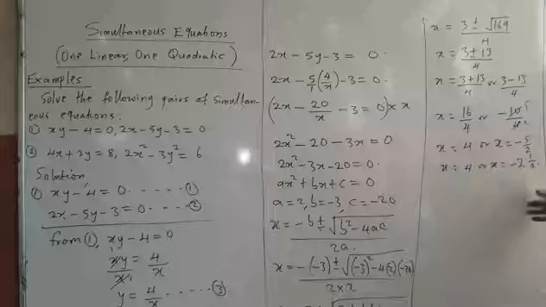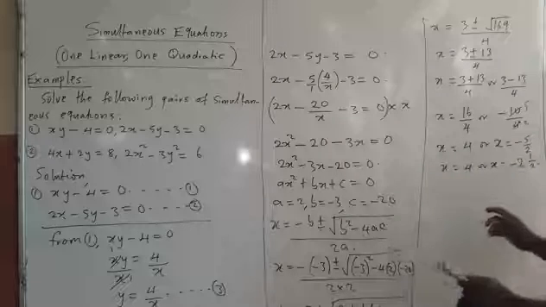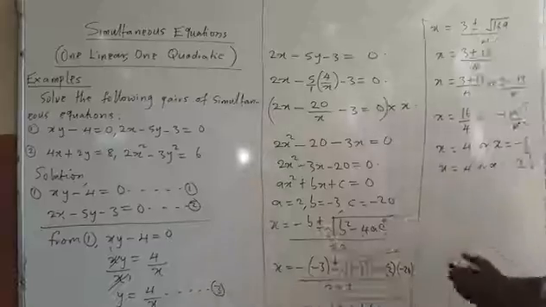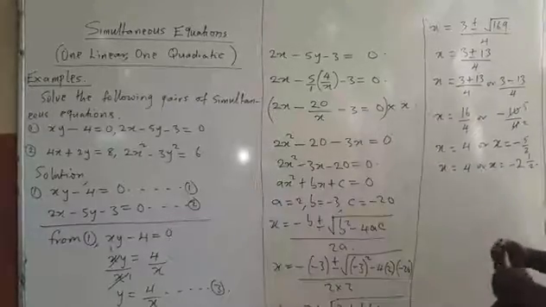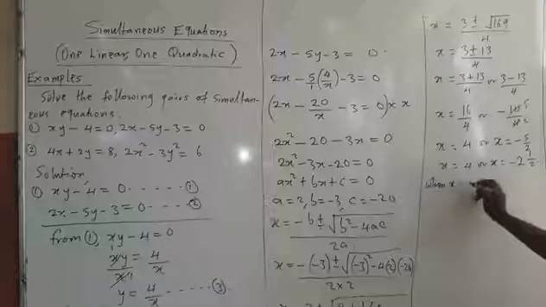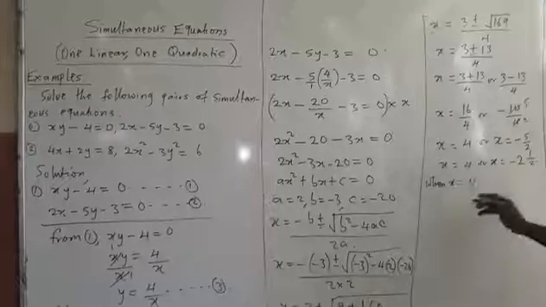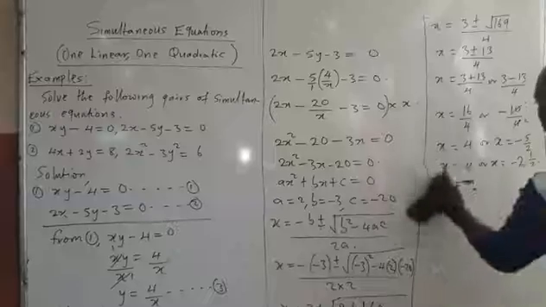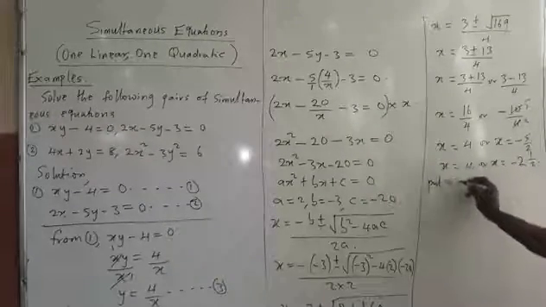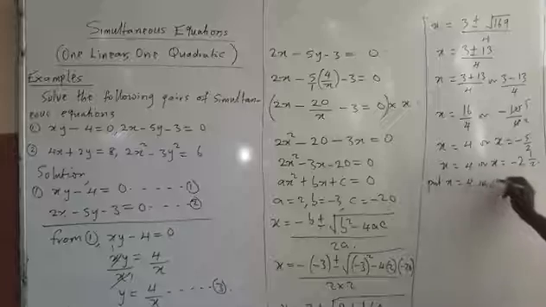So we are going to go back to equation 3 because we have to solve the equation, and from the equation we have x and y. Put x equal to 4 in equation 3.